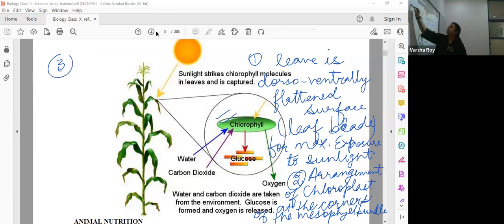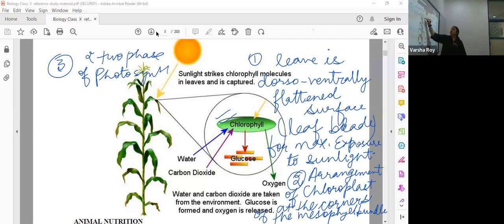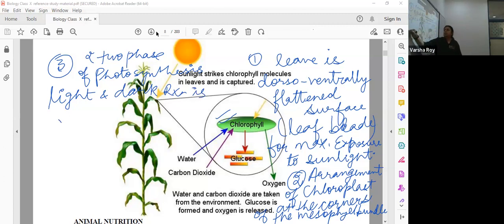So what happens is there are two phases of photosynthesis, जो दो phases हैं photosynthesis के, light and dark reaction, is distributed in the chloroplast. दोनों की sites distributed है.